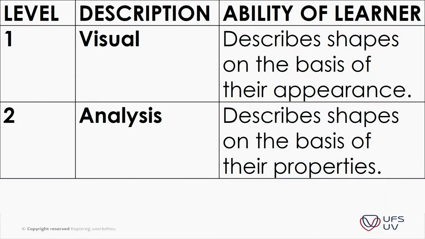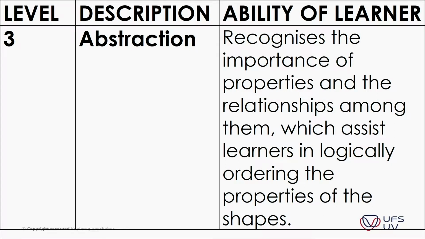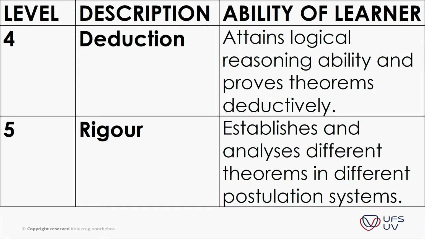Visual. The learner should be able to describe shapes on the basis of their appearance. Analysis. The learner should be able to describe shapes on the basis of their properties. Abstraction. The learner should be able to recognize the importance of properties and the relationships among them, which assist learners in logically ordering the properties of the shapes.